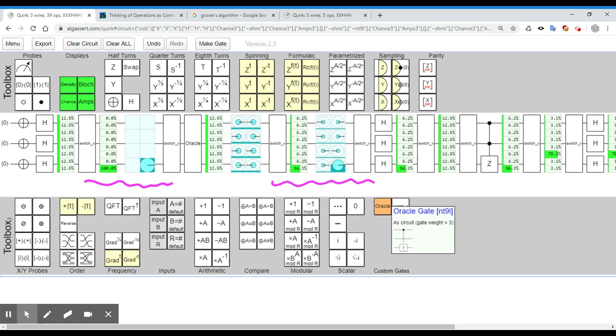Then you're applying Hadamards. So I'm assuming those things switch as well when you apply the Hadamard. I mean, I can do this.